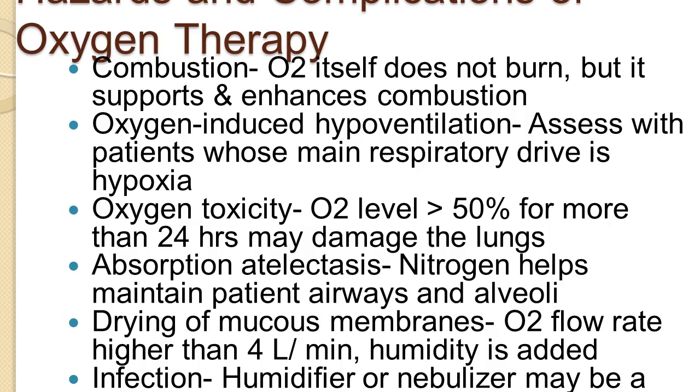And those initial symptoms that happen are a non-productive cough. And that's one thing you really want to be aware of. Because if your patient hasn't been coughing and they've been on 50% oxygen, and then all of a sudden you notice that they're giving you that subtle non-productive cough, it may be a sign that it's causing irritation and damage to the lung tissue, and that's why the patient begins to cough.